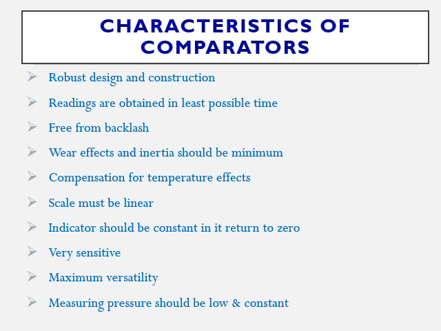First, the design and construction should be good enough and robust. Readings, as we discussed, should give the difference in relative readings in the minimum possible time. Backlash errors are expected in all kinds of measuring instruments, but they should be as minimum as possible. Wear effects and inertia should be minimum, because it is a common phenomenon in mechanical comparators. Compensation for temperature effects: when there is a change in temperature, that should not change the readings or impart errors.